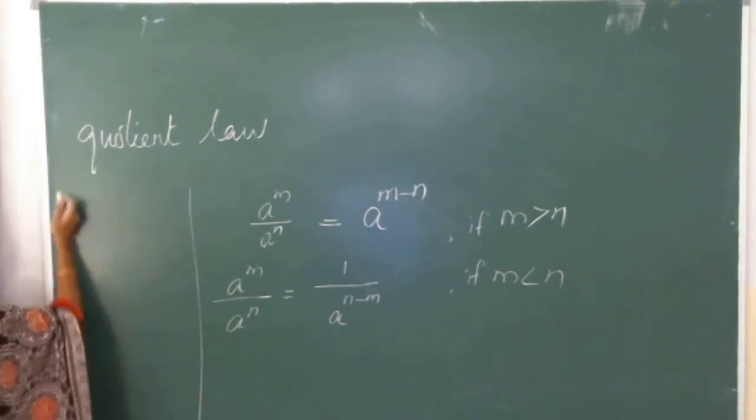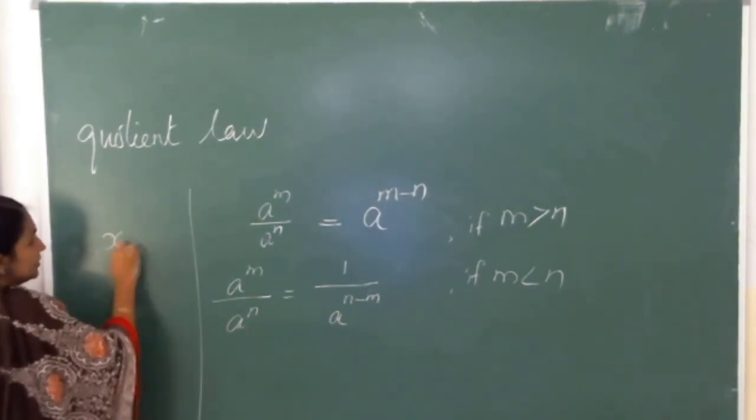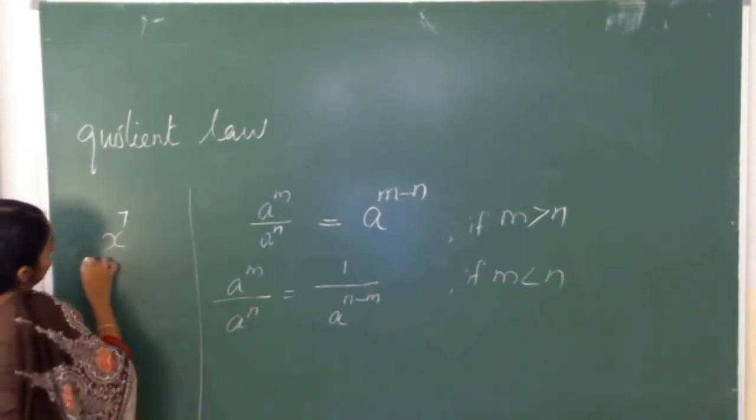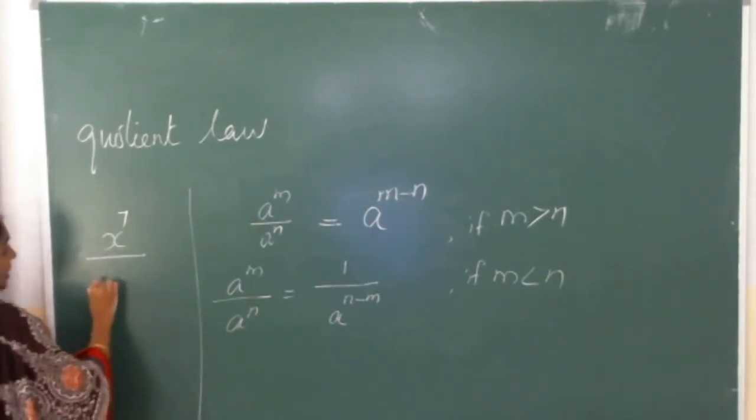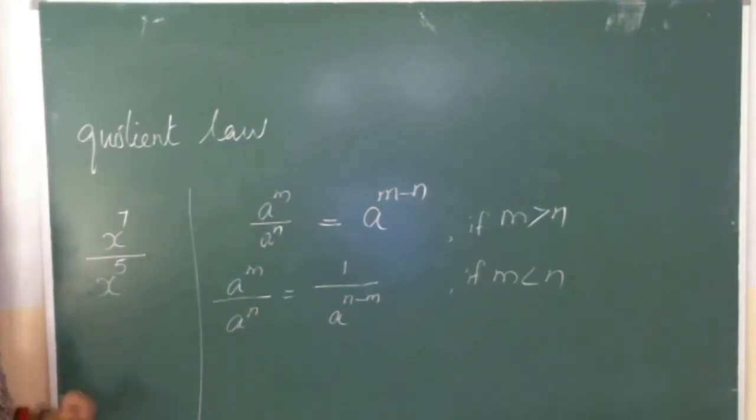27. Okay, first no need of the constant terms, just do with the variables. x raised to 7 by x raised to 5. How can we do this? Which is the biggest one, 7 or 5? 7 is the biggest one.